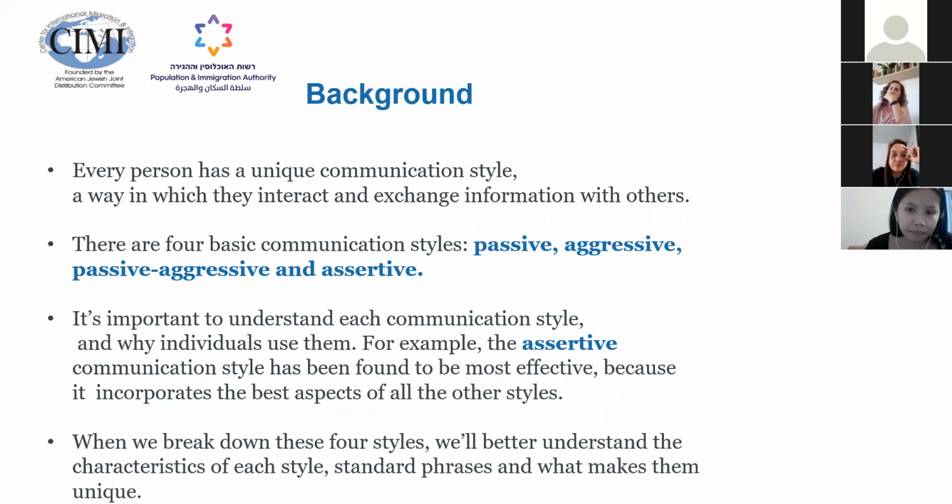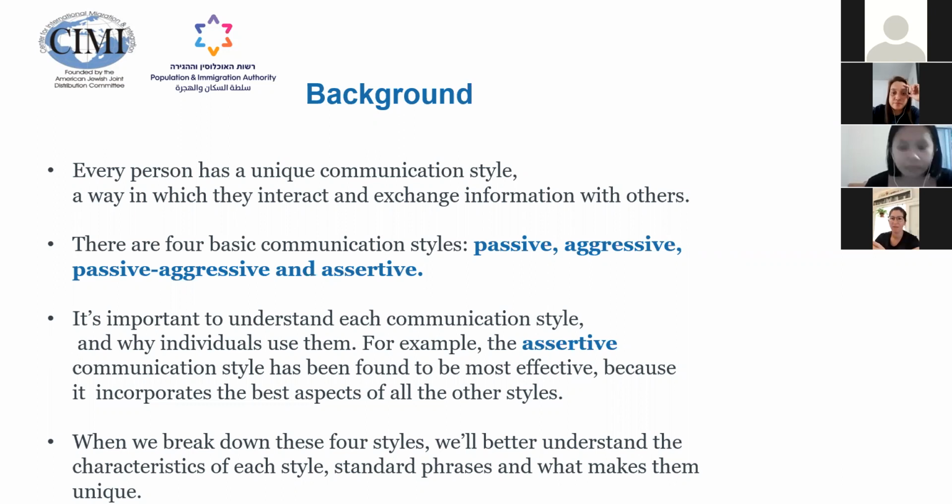And we're going to talk about each one of these a little more. It's important to understand each communication style and why individuals use them. For example, the assertive communication style has been found to be the most effective because it incorporates the best aspects of all the other styles. When we break down these 4 styles, we'll better understand the characteristics of each one, standard phrases, and what makes them unique.